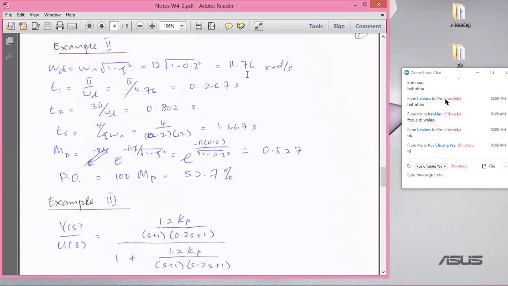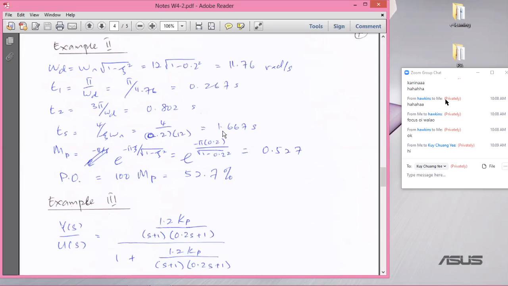So this is the actual frequency of oscillation, slightly different from natural frequency. Natural frequency is 12, but the actual frequency now is going to be 11.76. The peak time is the first peak time, pi divided by omega d. The second peak time, 3 pi divided by omega d. So that's the value of first peak and second peak.